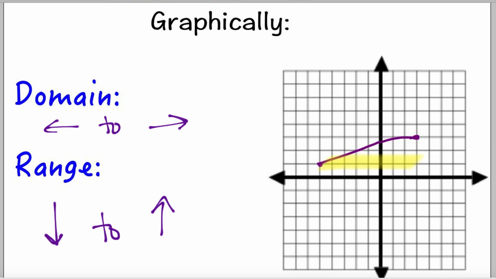Those would be your domain. But in terms of range, it looks like the lowest y value you have is 1, and the biggest y value you have is 3. So that would be from 1 to 3, low to high for the y values. Pictures of graphs have both x and y values. Domain is left to right, which is the x values. Range is low to high, which is the y values.